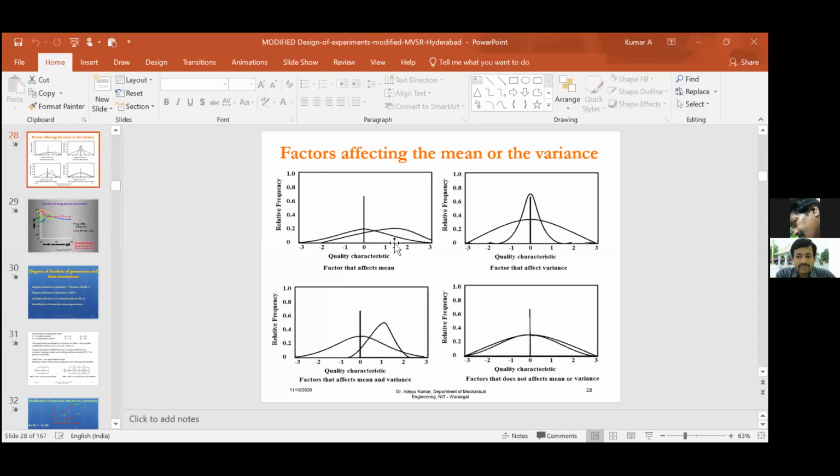Sometimes the variation in the products also varies. Sometimes the combined mean and variance are both affected. Sometimes neither the mean nor the variance of the system is affected.